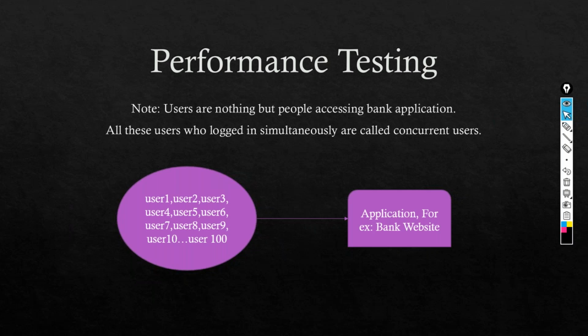When you apply load, like how it is displayed now, user 1, user 2, so on till user 100, with various users trying to access the bank application, you are assessing the application performance. So that is all about performance testing: evaluating the system performance under virtual user load.